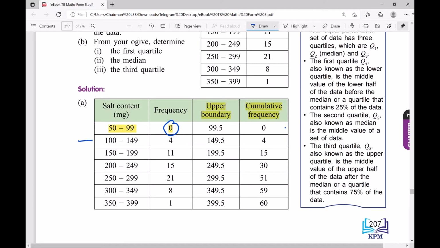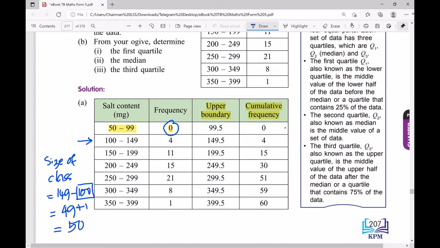So how to add a new class? You have to check the size of the class. How do you get it? For me, I'll do 149 minus 100, you get 49. But because you already minused 100, you have to add 1, and then it's 50. So the class size is actually 50.